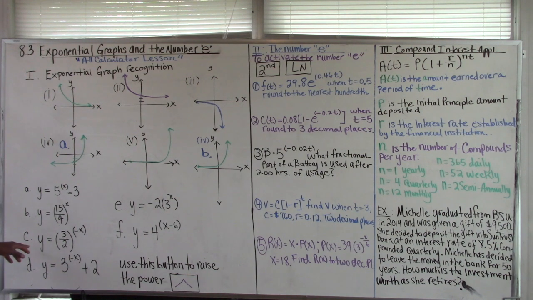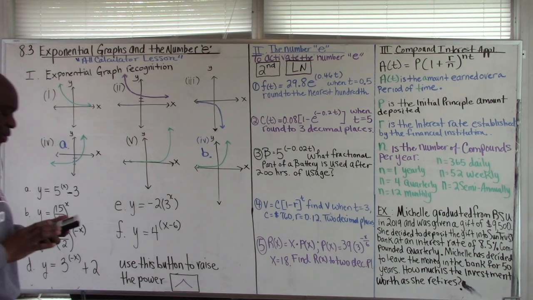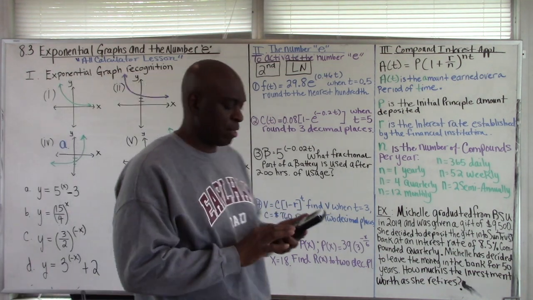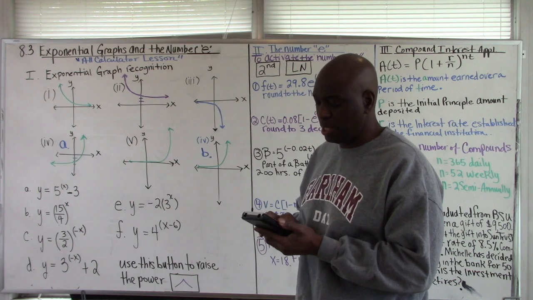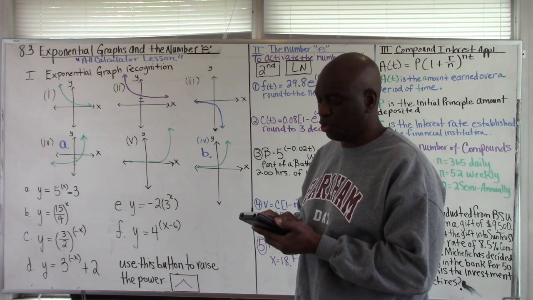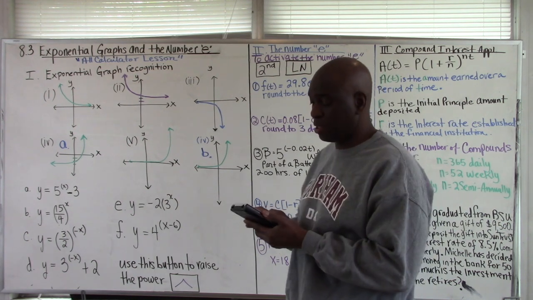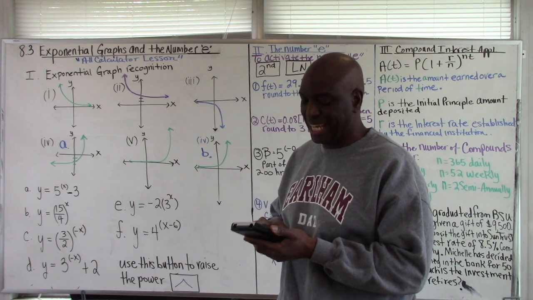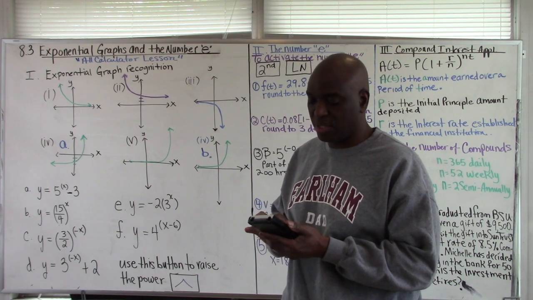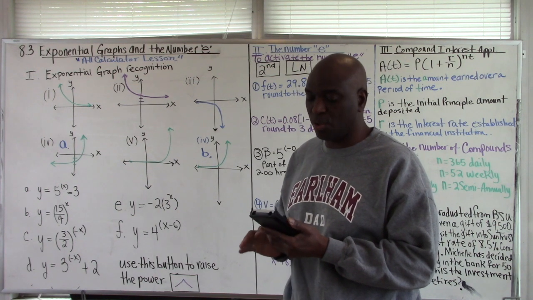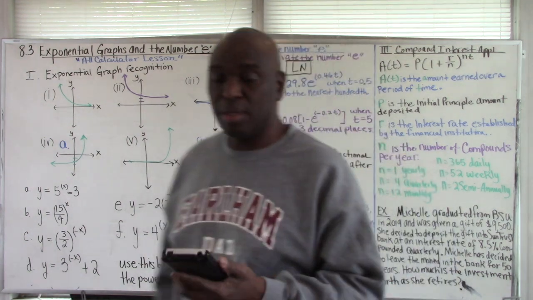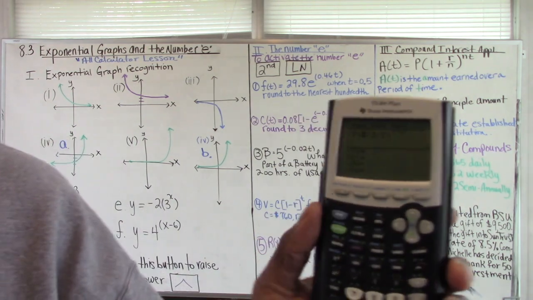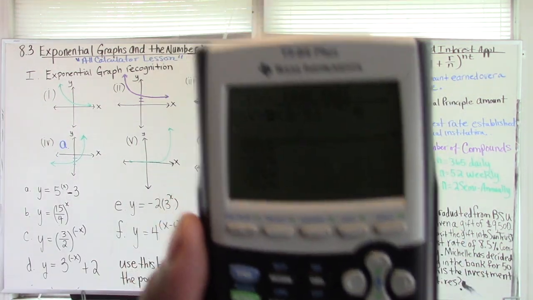All right, now C. Go back to y equals, clear it out. We have parenthesis 3 divided by 2, close parenthesis, to the parenthesis negative x, close parenthesis. Is that right? Yeah. Here's what you should have.